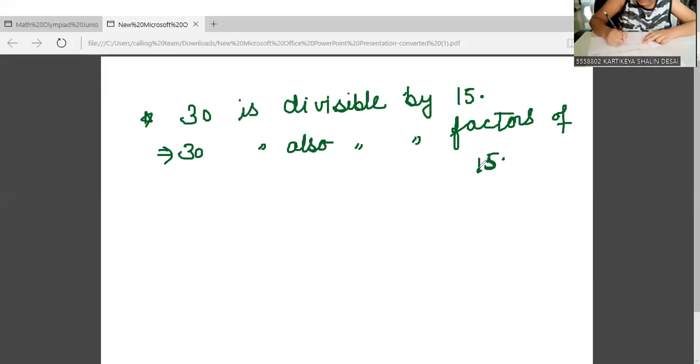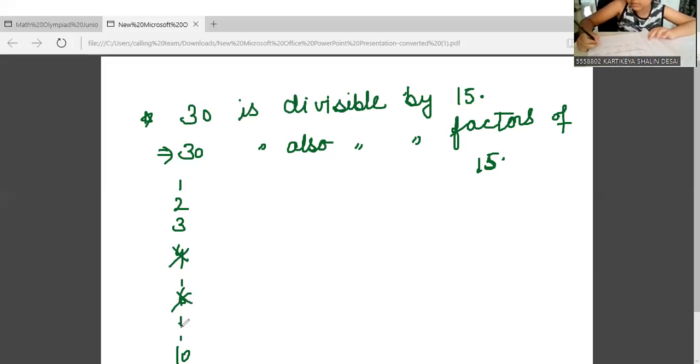Amika, do you get it? What I have written? Yes, that if 30 is divisible by any number, then 30 will also be divisible by its factor. Is it right now? Yes, that's why when we took this 1, 2, 3, 4, 5, while we were calculating all the prime numbers, we struck out all the numbers which were divisible by 2. 4 was out, 6 was out, 8 was out, 10 was out.